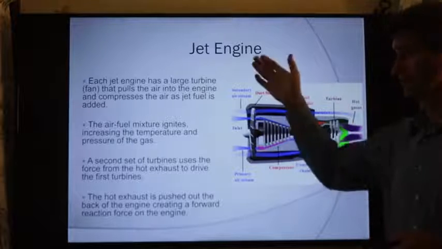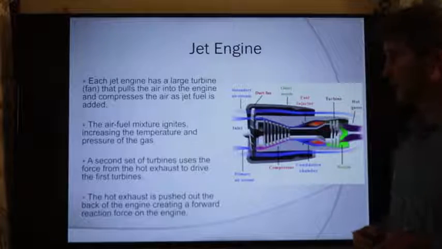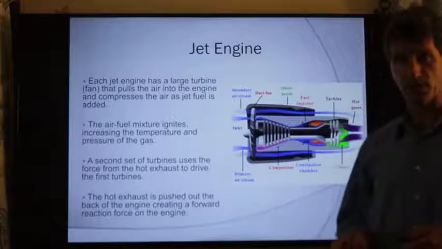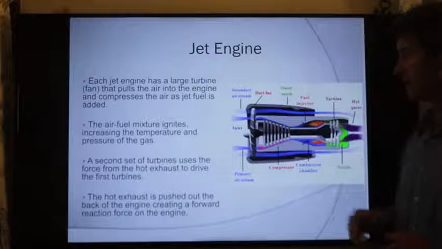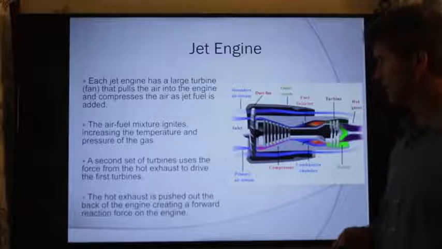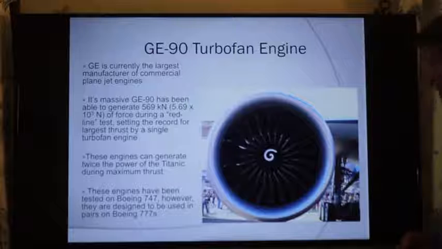The larger prop isn't able to rotate quite as quickly, and because of the geometry of this, there's a limitation to how fast it can go. But again, with these you can go pretty close to the speed of sound, about 80% of the speed of sound, because of the geometry.